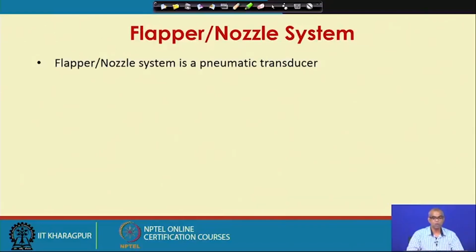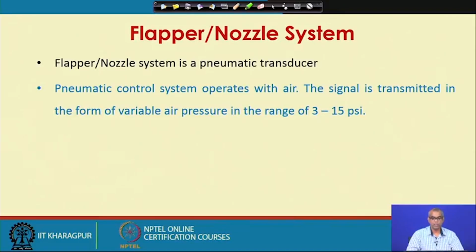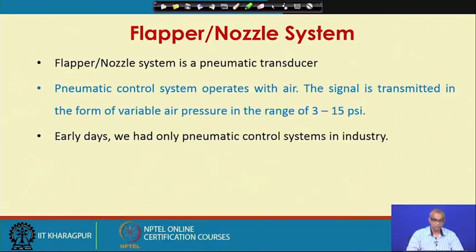So, let us now talk about flapper nozzle system. Flapper nozzle system is a pneumatic transducer. Pneumatic control system operates with air. The signal is transmitted in the form of variable air pressure in the range of 3 to 15 psi pressure. Early days, we had only pneumatic control systems in industry.